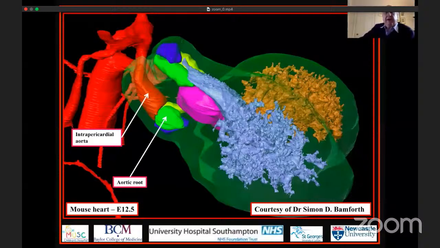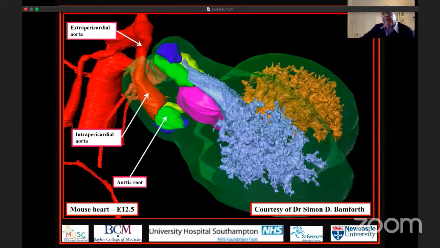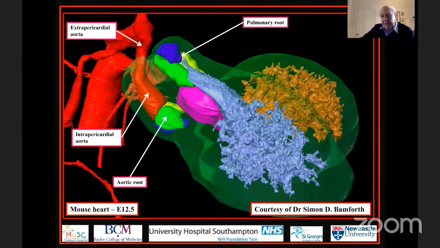You can also see distally we have the intrapericardial component of the aorta, and at the margins of the pericardial cavity, it becomes continuous with the extrapericardial aorta. Already at this stage, however, the middle part has been separated into the aortic root, pulmonary root.